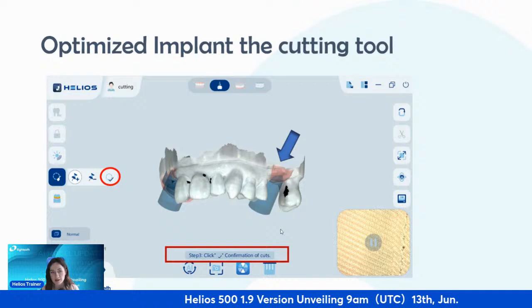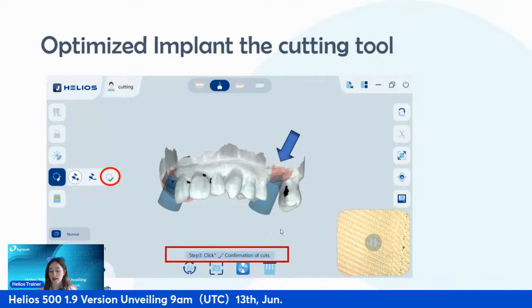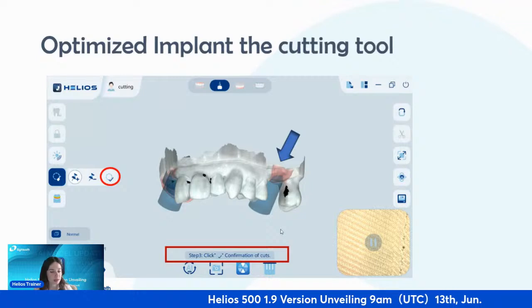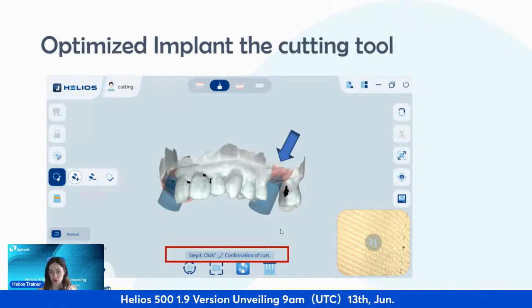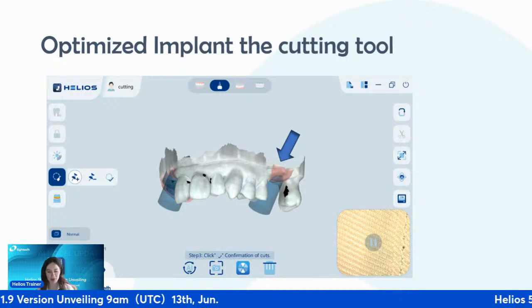So what has changed? We optimized it with a guidance message for you. And to understand the implant analog area that is going to be deleted, it has a nice feature showing that like this. All right.